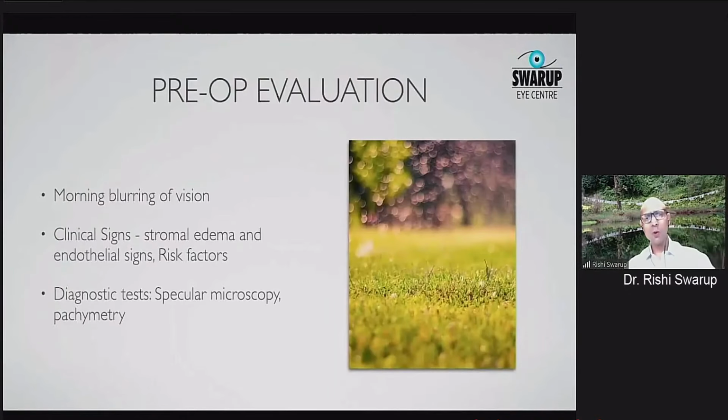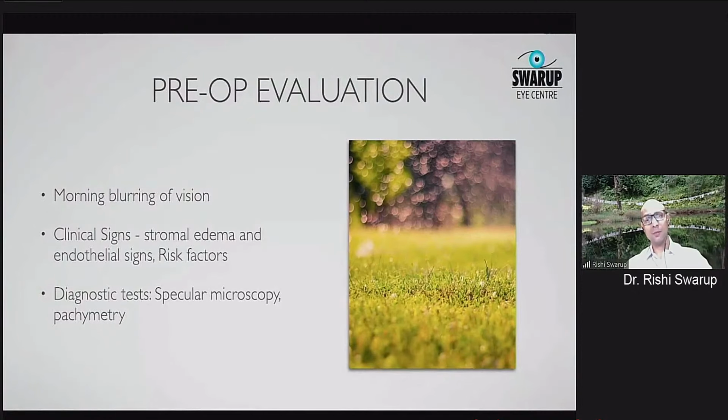So how do we pick up these cases before surgery? You have to look at a lot of things, and one of the important pointers is in the history, patients will give you a history of morning blurring of vision specifically. So of course all cataracts will have blurring of vision, but if they tell you that mornings are worse, please look at their endothelium a little more carefully, look at their specular count, try to get their pachymetry, and look at the slit lamp carefully.